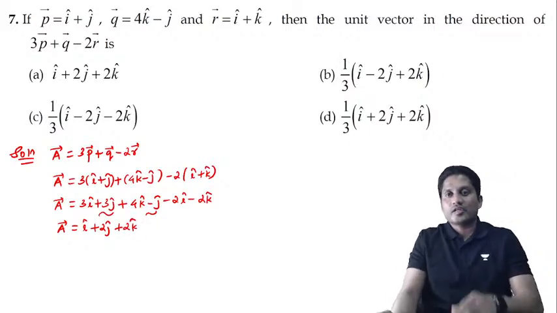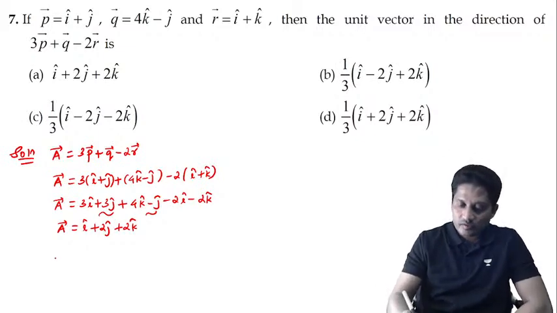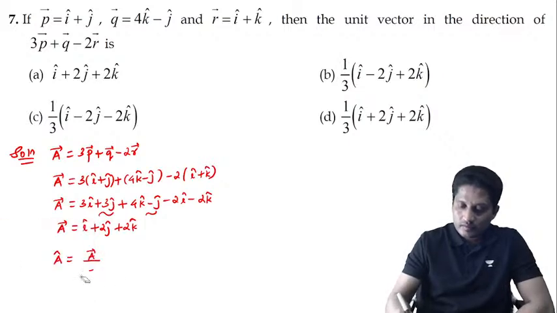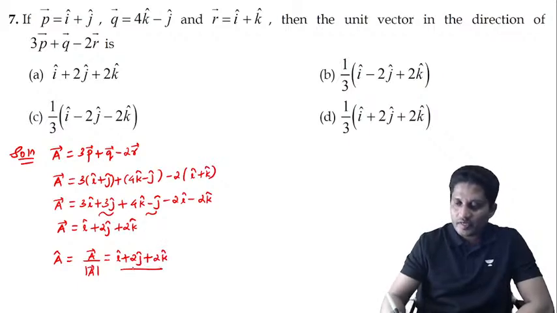Now I'm supposed to find a unit vector. a cap is equal to vector a divided by its magnitude. This is i plus 2j plus 2k, divided by the modulus of a.